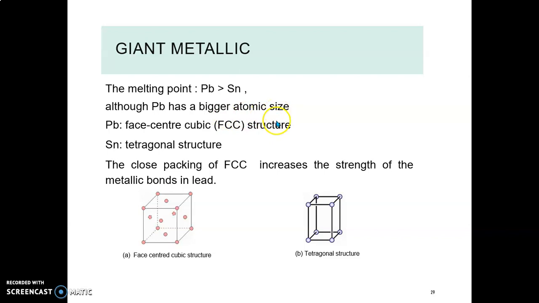This is because lead has a more closely packed face-centered cubic structure, compared to tin with a tetragonal structure. The close packing of face-centered cubic increases the strength of the metallic bonds in lead.